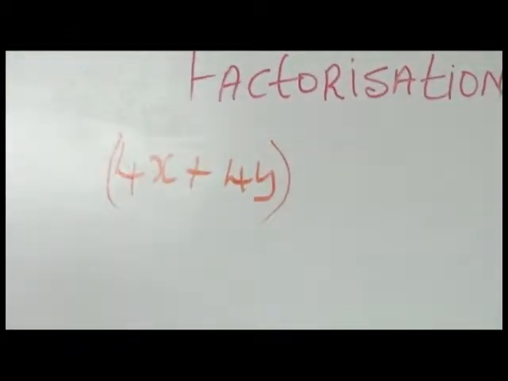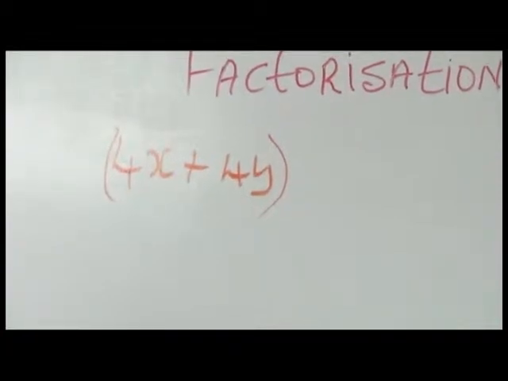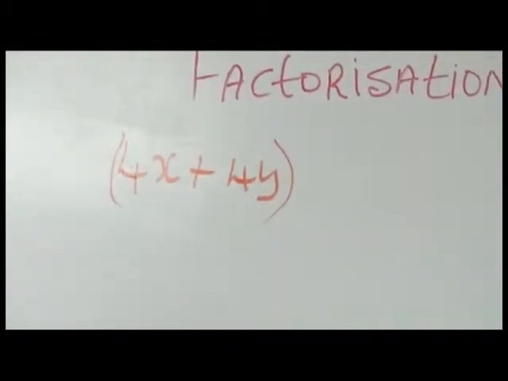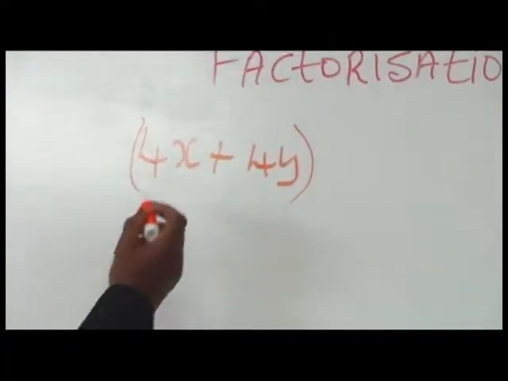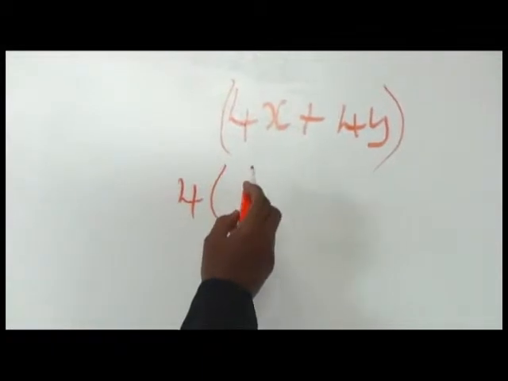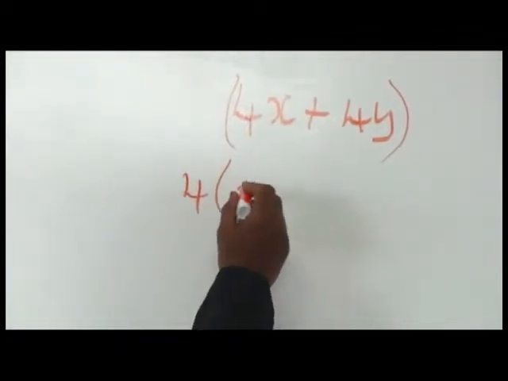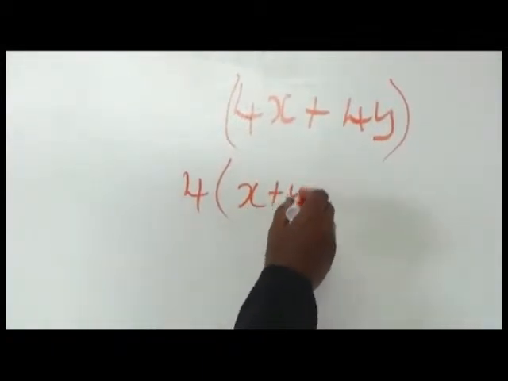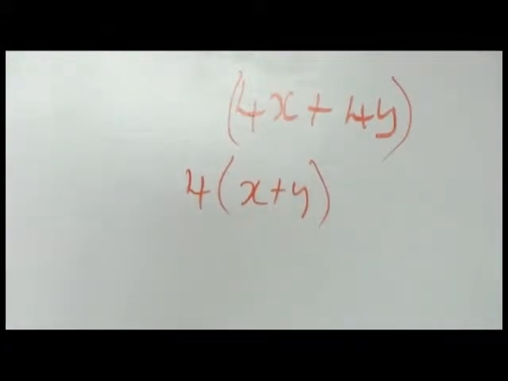We're looking for common terms or common factors, and we can see right away that if we take a 4 outside, we're left inside with just x plus y, and that is the answer. That is as simple as we can get it.